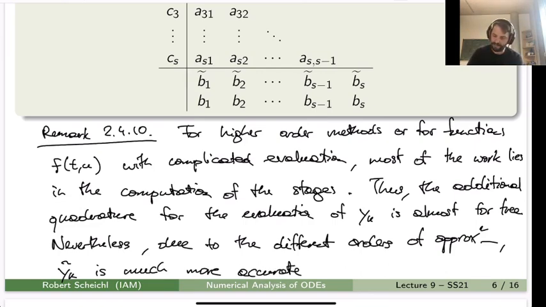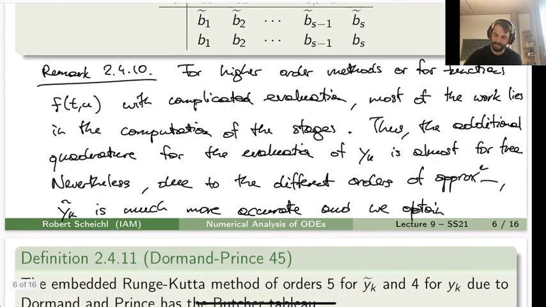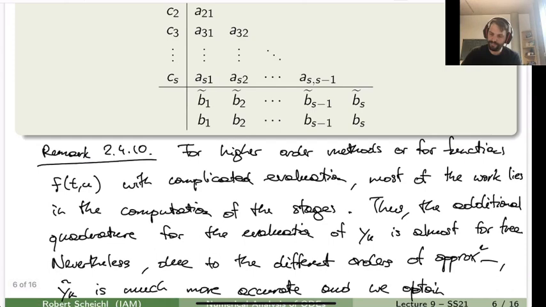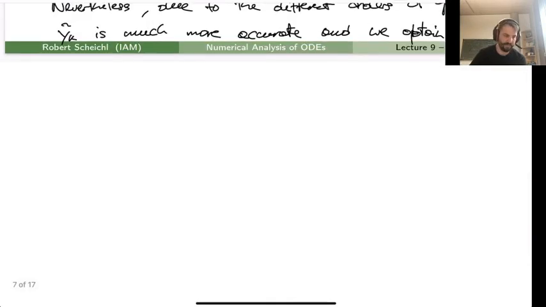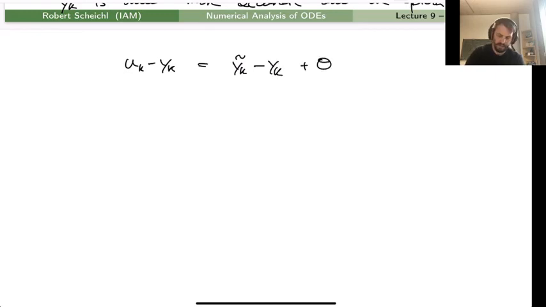And we can again estimate the error. We obtain that uk minus the lower order approximation yk is equal to yk tilde minus yk plus O of h to the p.